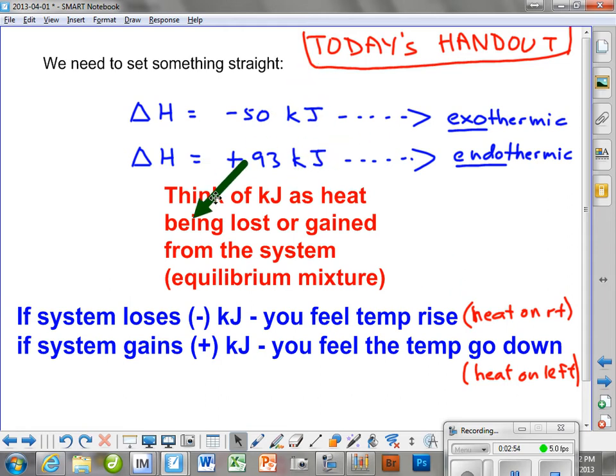Think of kilojoules as heat being lost or gained from the system, which is your equilibrium mixture. Now, if the delta H is positive, that means you have an endothermic reaction and heat will be on the left. You might want to write this whole thing down, and it will help you stay oriented as to how to do the problems.